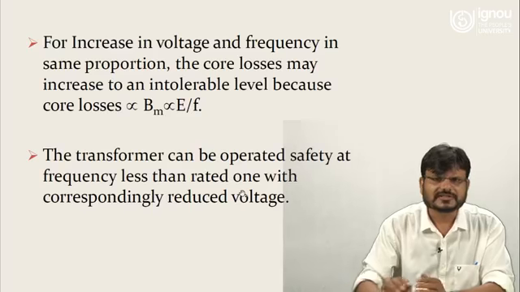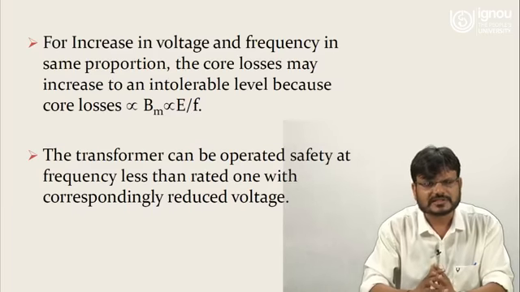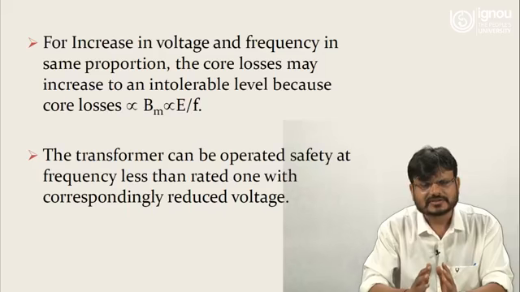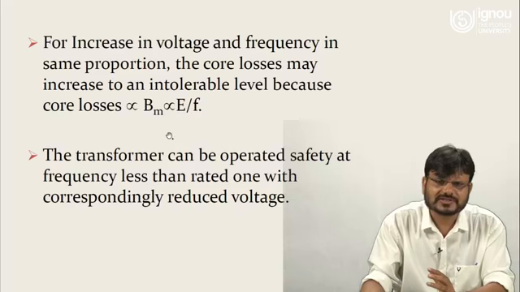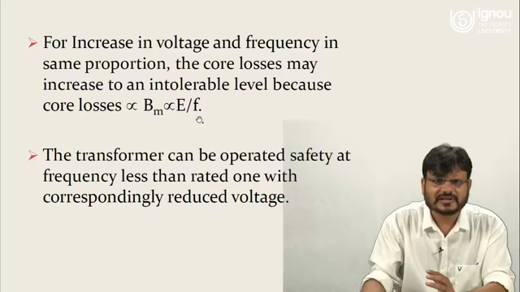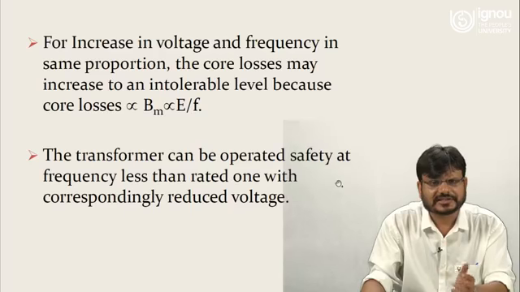For an increase in voltage and frequency in the same proportion, the core loss may increase to an intolerable level, because the core loss is directly proportional to the flux density, and the flux density is directly proportional to E upon f. Now the transformer can be operated safely at a frequency less than the rated one with a correspondingly reduced voltage.